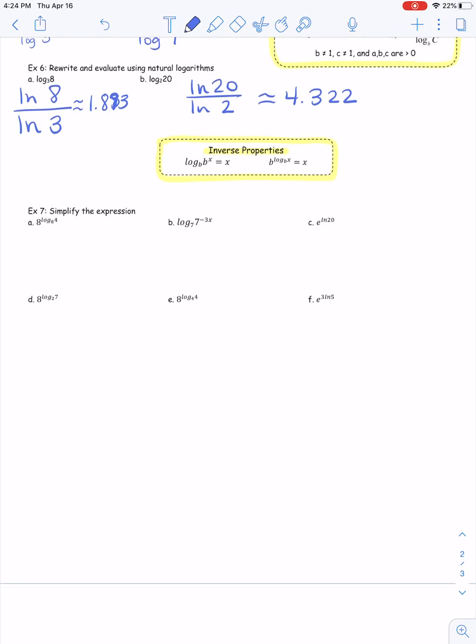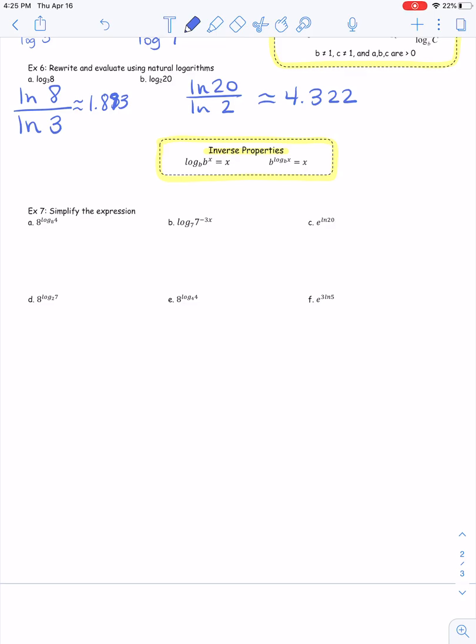And then the last problems are talking about those inverse properties. So remember I said at the beginning of this week that logarithms and exponentials are inverses of each other. And remember throughout this whole entire year, every time we dealt with inverses, let's say we had to solve for an inverse, the first thing we did was switch the x and y and solve for y.